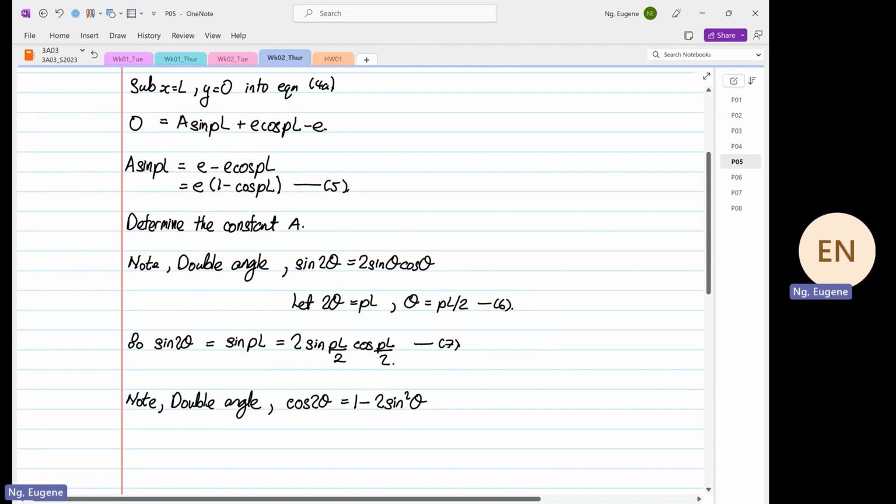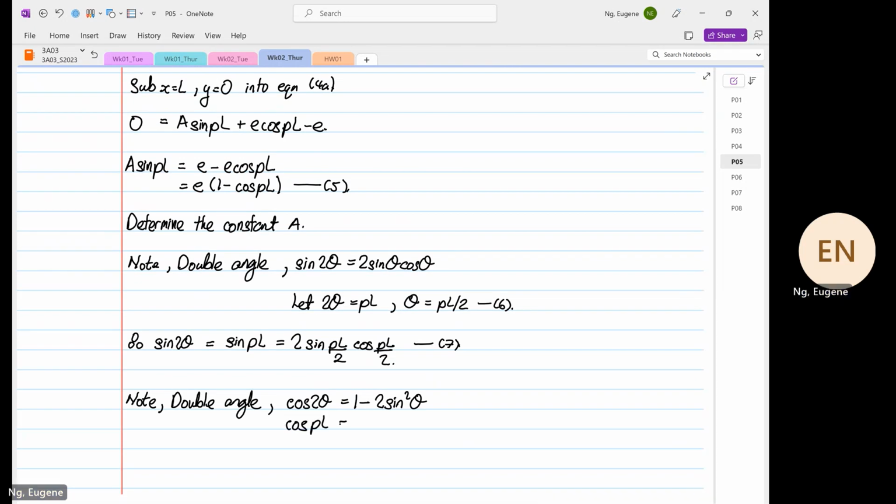So with this, we can write cos PL, because 2 theta is equal to PL, is equal to 1 minus 2 sine squared PL over 2.